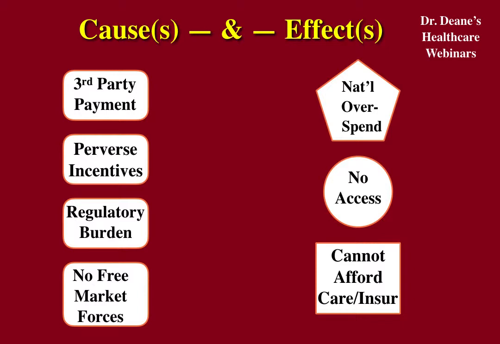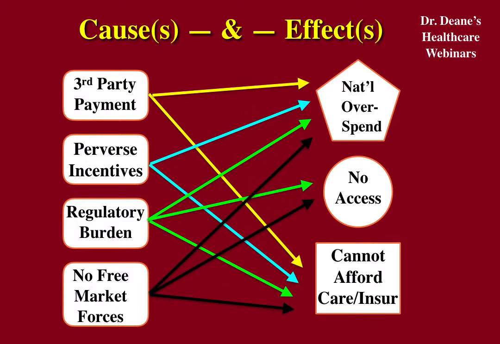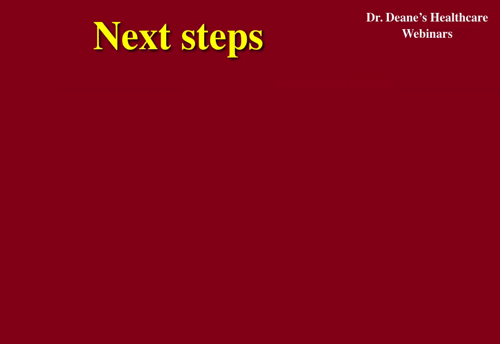Just ask an American veteran in their single-payer system called the VA. And we can't afford the care for sure, and quite frankly, we can't afford the insurance. What is happening is all of those causes are causing all of those effects. And until we do something about treating the causes, we're stuck with the effects.